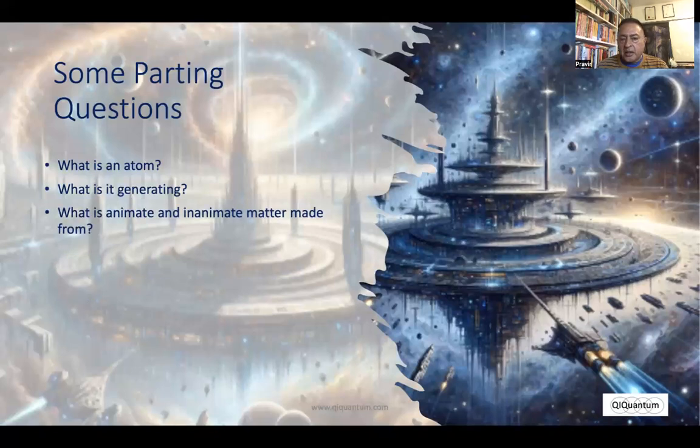What is animate and inanimate matter made from? From this point of view, anything that's animate or inanimate, made from atoms, is all therefore made from this native quantum computational device. And what's the difference between AI and QI? AI, from this point of view, is a child of human intelligence, no matter how spectacular it looks.